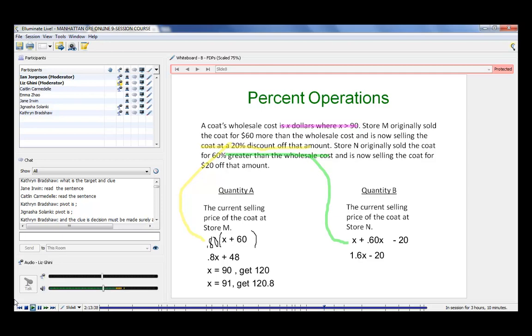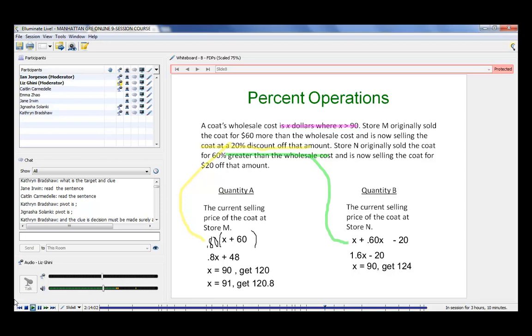90 times 1.6. Come on, guys, you got to plug. I know it seems silly to be doing this in class, but part of this is practicing your speed. Oh, okay, Catherine already did it. She got 124. If x equals 90, you get 124. Anyone want to plug in 91?